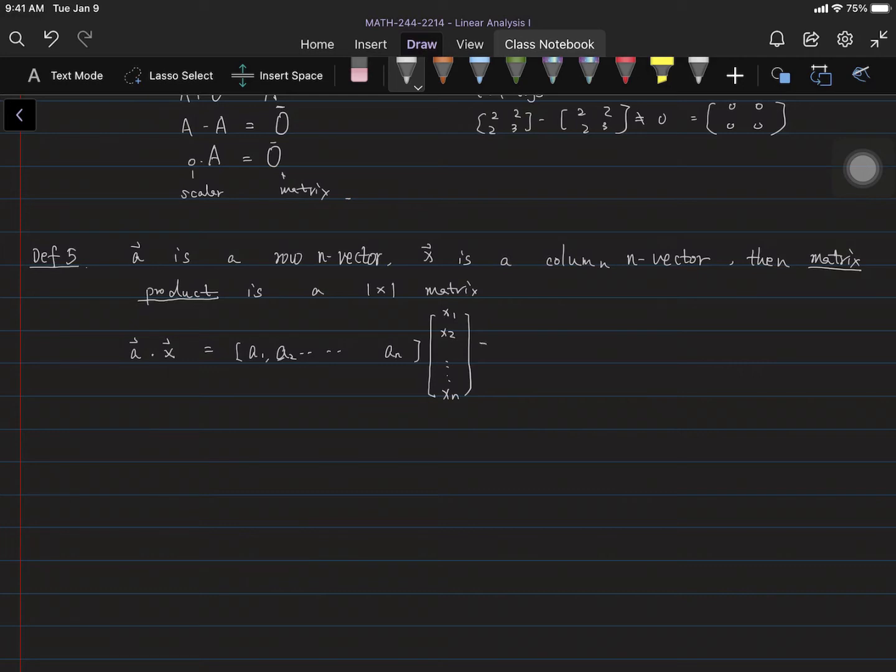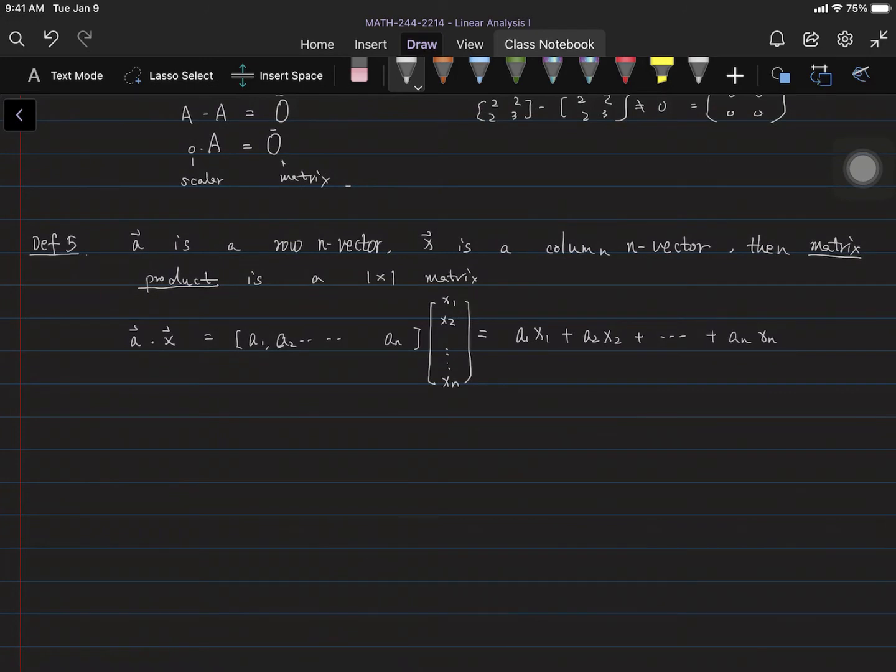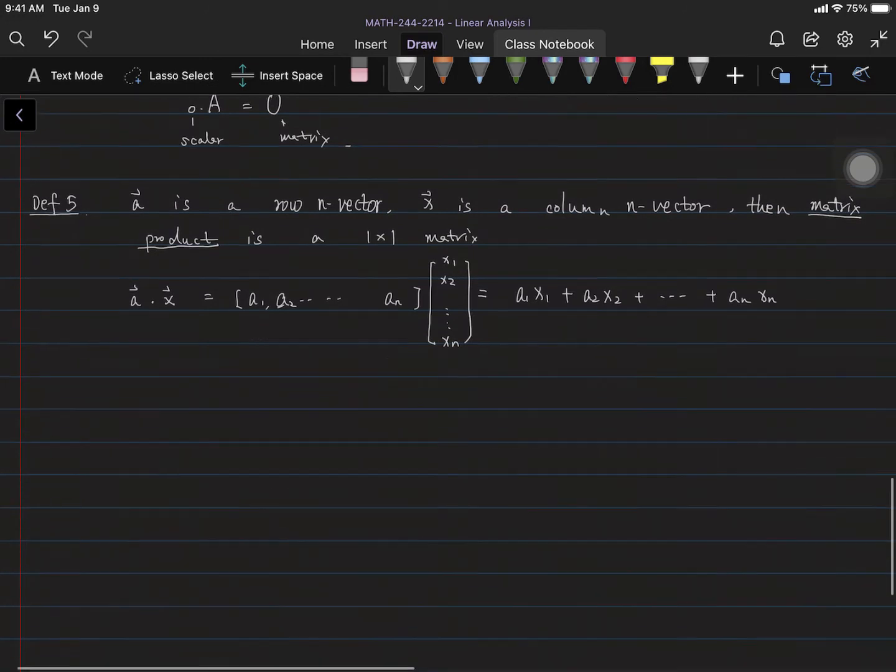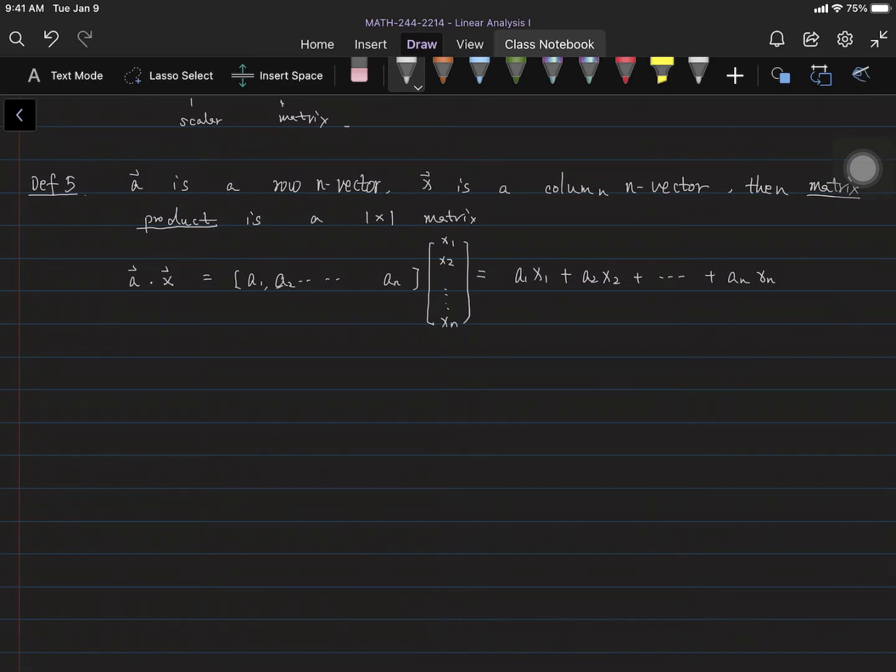This equals a1 x1 plus a2 x2 plus an xn. So you can see this is a number actually, right? So the product of a row and a column vector is going to be a number. So let's take a look at the example.